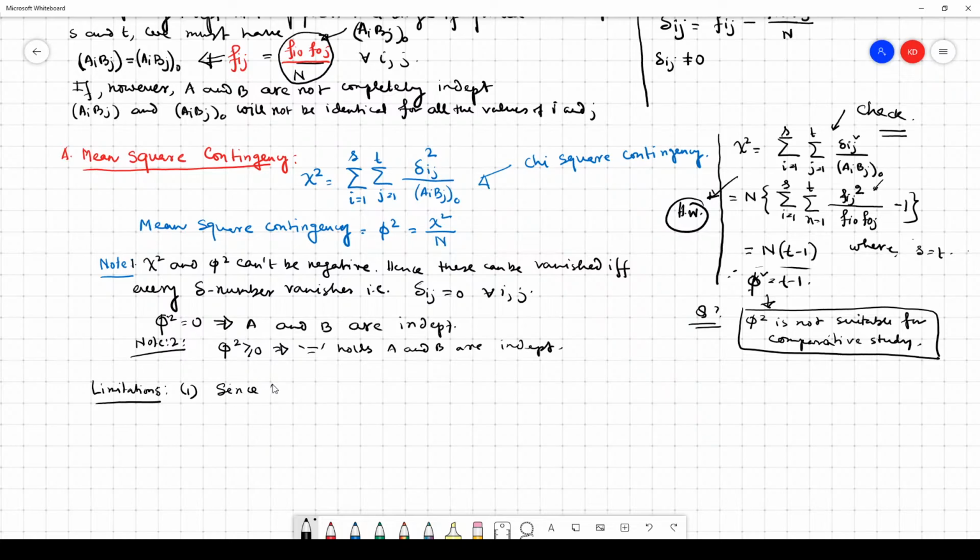So since phi square, as we already see, can take any non-negative value, then the limits of phi square vary in different situations.